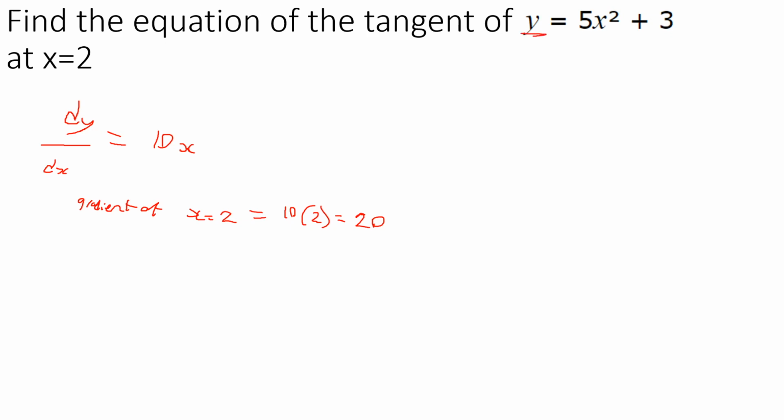Now, what's the y coordinate when x is equal to 2? So that's another thing we need to know. So when x equals 2, y is equal to 5 times 2 squared plus 3.